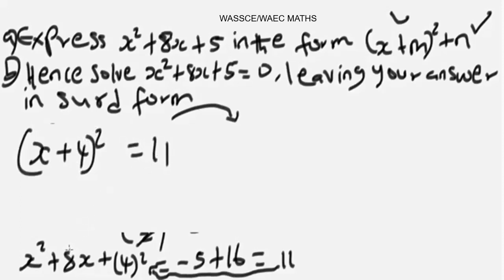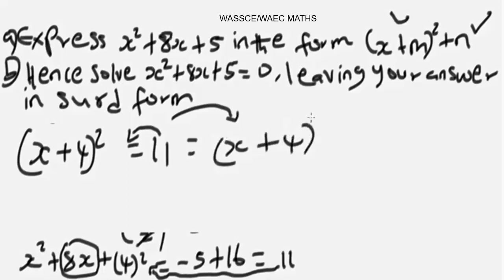At this juncture, you will not need the 8x again. So when this 11 finally crosses over to negative 11, it gives us (x plus 4) squared minus 11, to be expressed in this form.